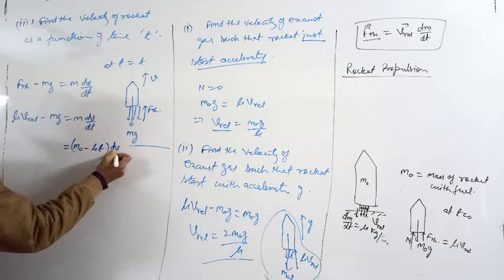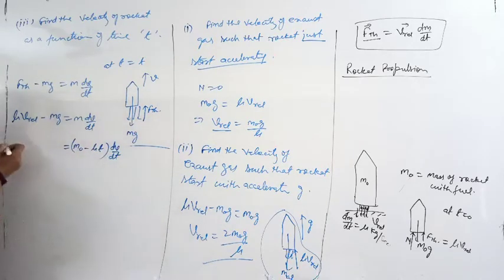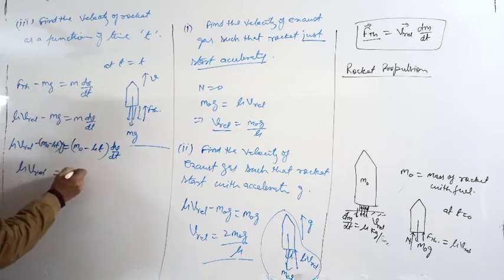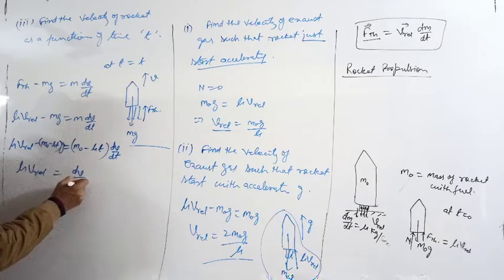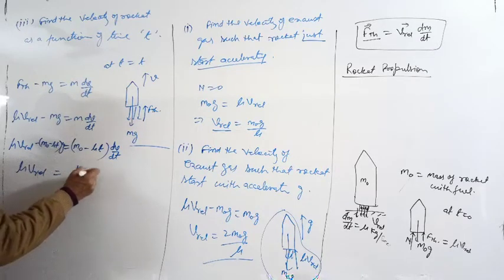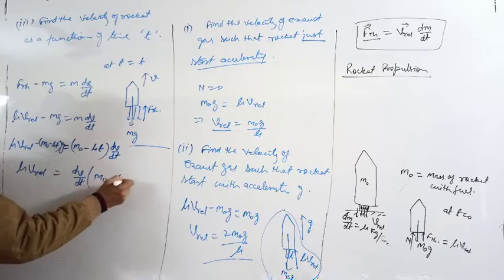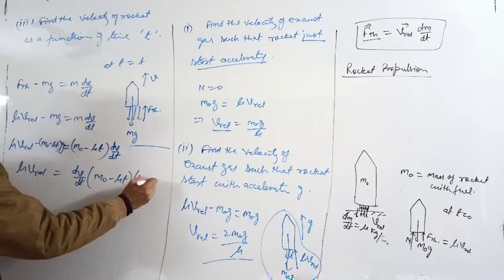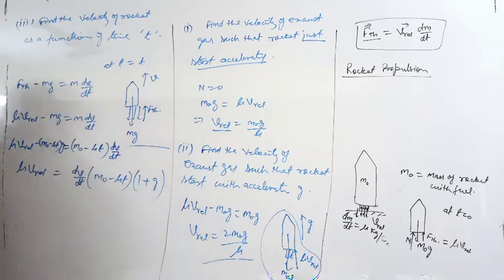This times dv by dt, and mu V relative minus m, again you can write the same, m naught minus mu t into g. So mu V relative is equal to dv by dt, you can take common, m naught minus mu t, times dv by dt plus g.